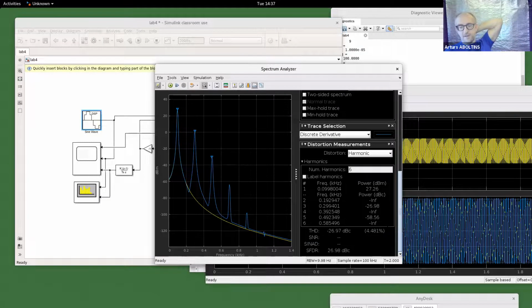The smaller this number is, the purer the sinusoid that is generated, yes? And for communications, purity of the sinusoidal signal is very important. Also, it's important for acoustics.